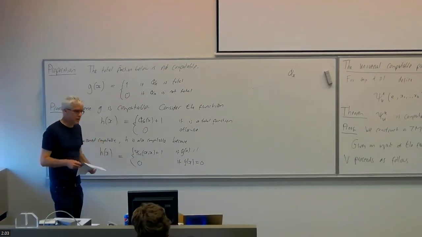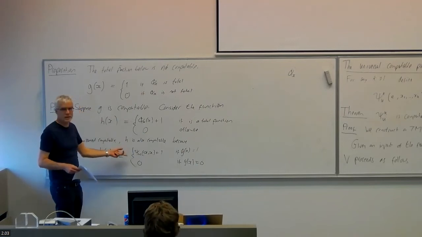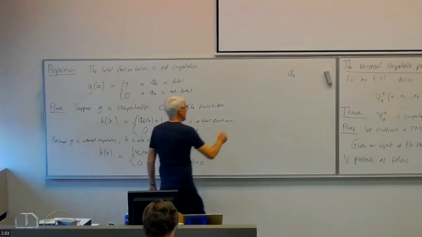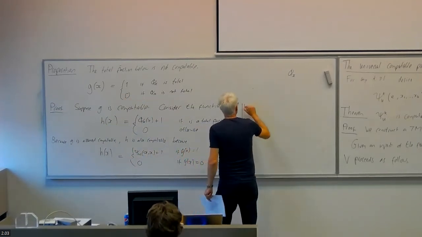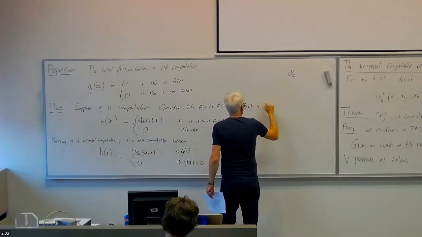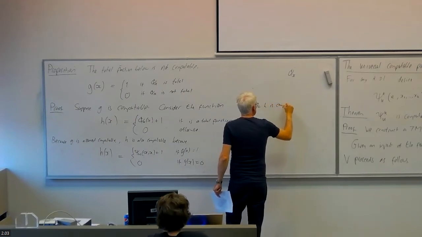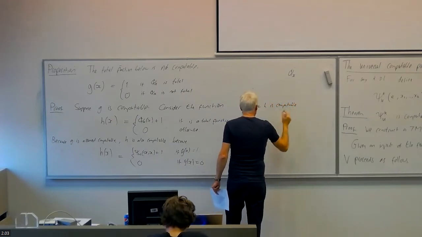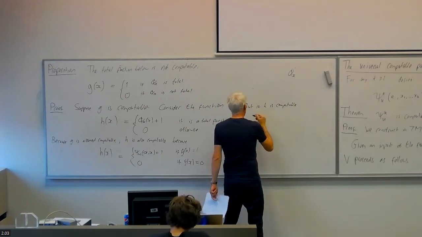But if H is computable, we're going to get a contradiction in the same way that we had before. So let's do that. If H is computable, we have the same style of argument we had before.